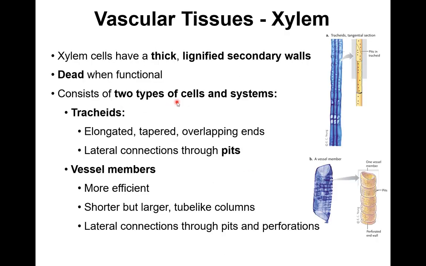So let's focus on the xylem first. The xylem already has a secondary cell wall, which is lignified and therefore waterproof. That's essential to keep the water as much as possible within the xylem itself.